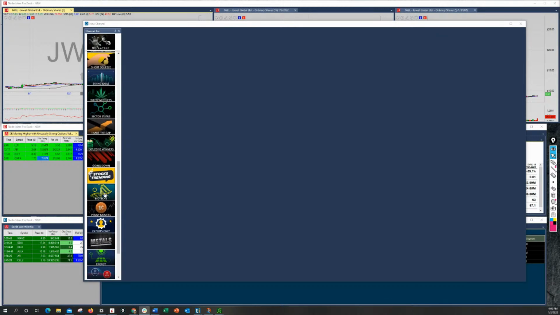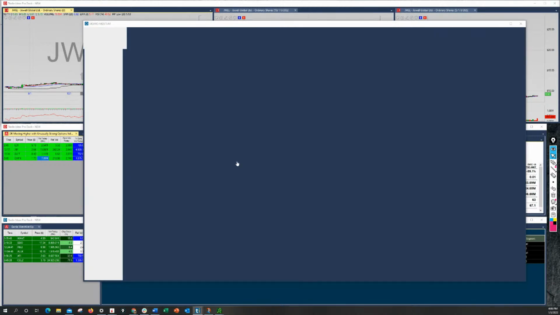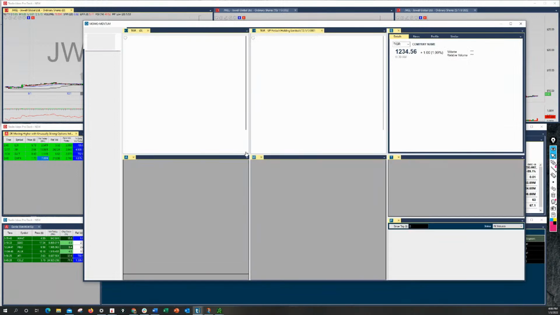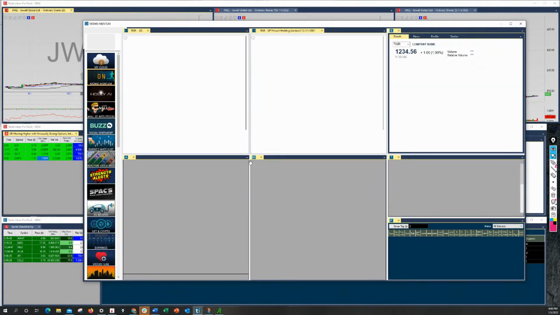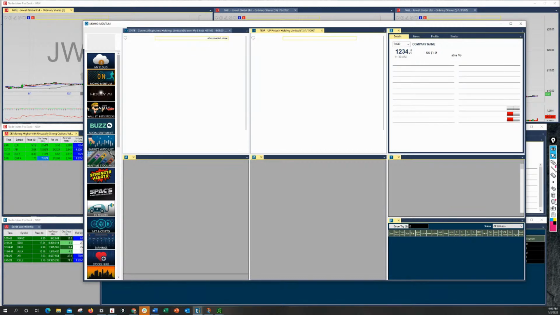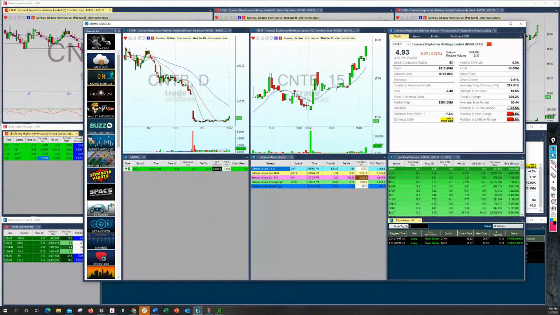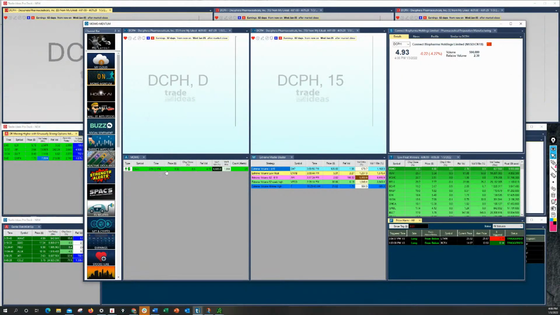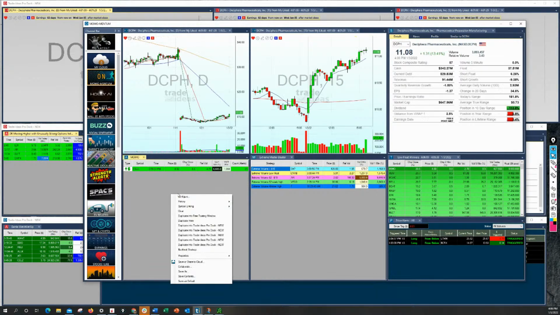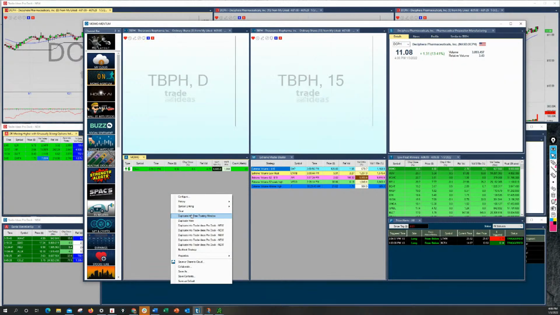So we can come to the momentum channel. Where are you, momentum? There we go. In this channel here, and if we right click, we can come into this scan here. So this might be something you want to take a look at here.